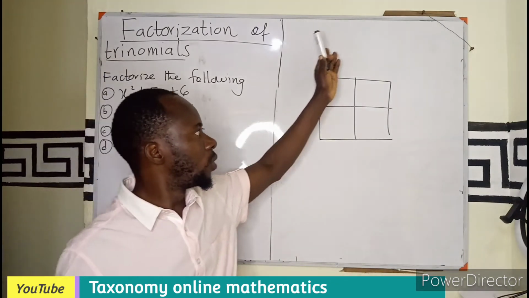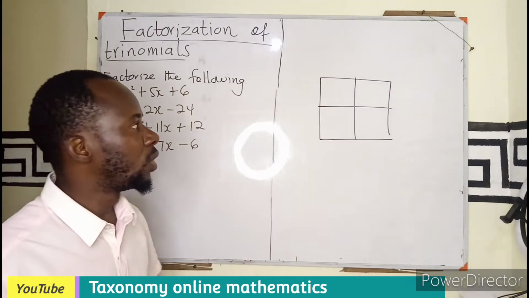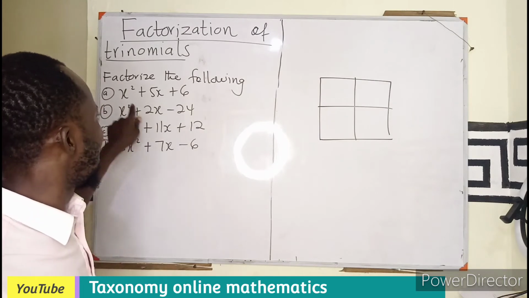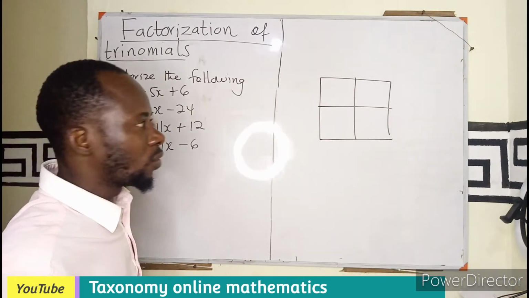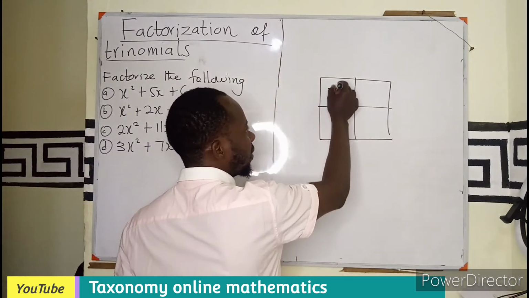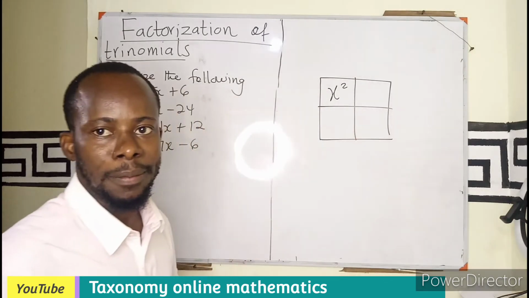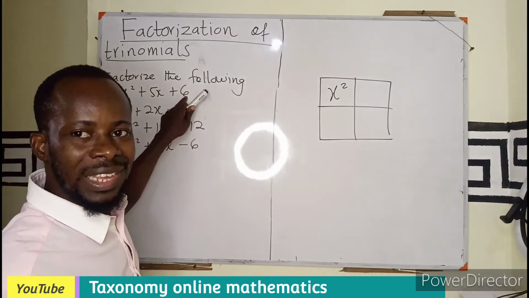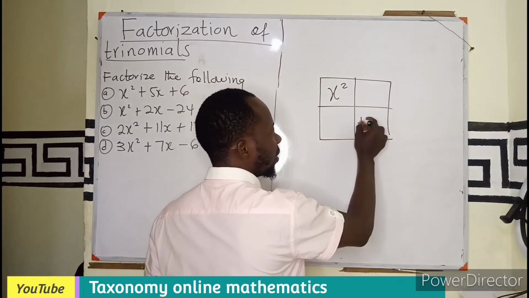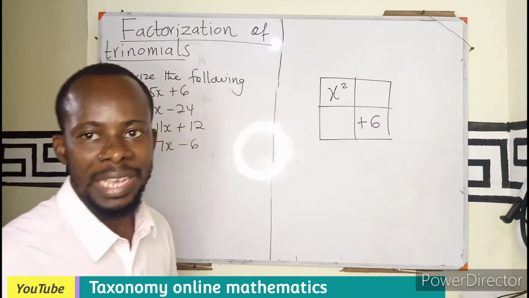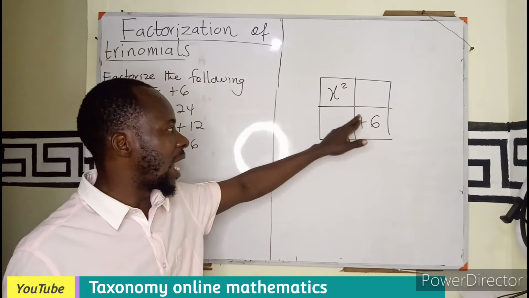Now I'll start with the x squared term, so I'll put that into the first square. Then I'll put the c with its sign, which is going to be plus 6.